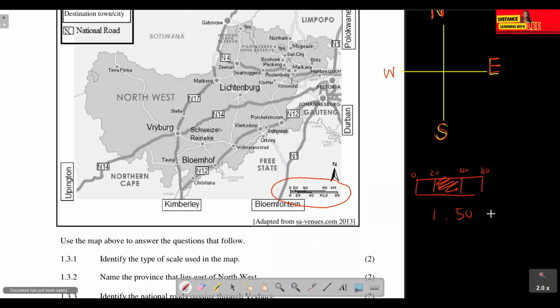Or sometimes you'll be given a line scale, where you'll have 0, 20, 40. So this is a bar scale, this is a number scale, this is a line scale. But when we're looking at what is given to us in this question, we can see that we're just given a bar scale.